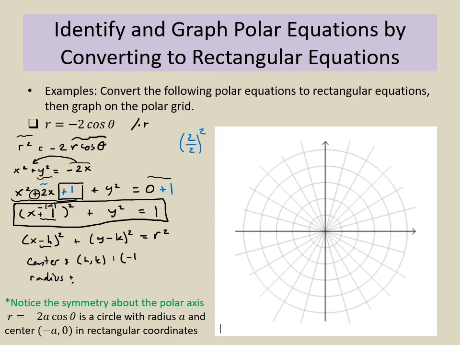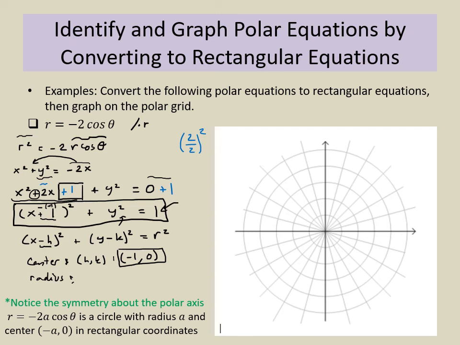Okay, h is -1, k is what? Well, that's y squared by itself, so it's y minus 0 squared. So k is 0, that's our center: negative 1, 0.